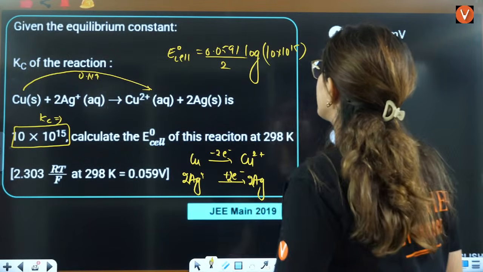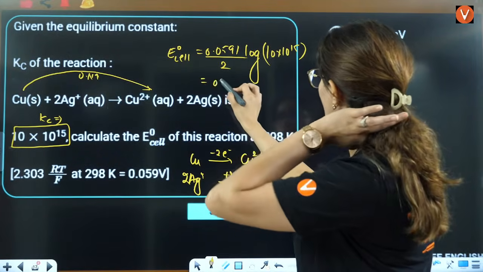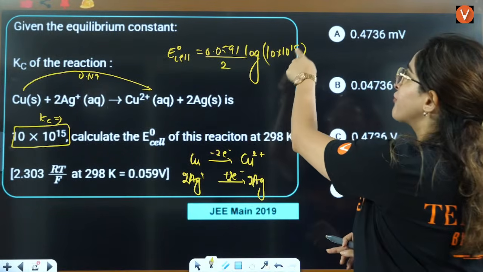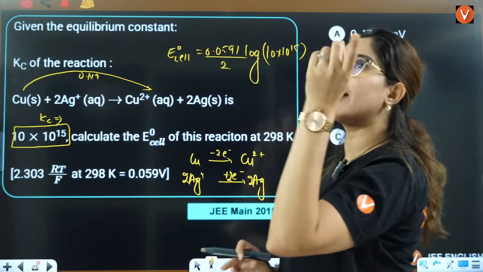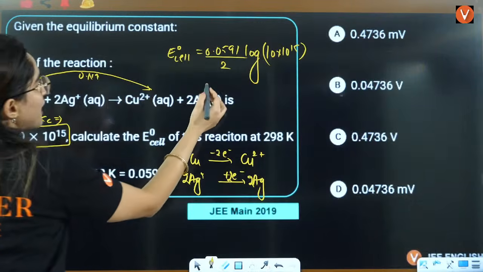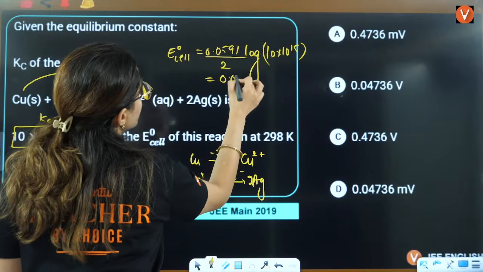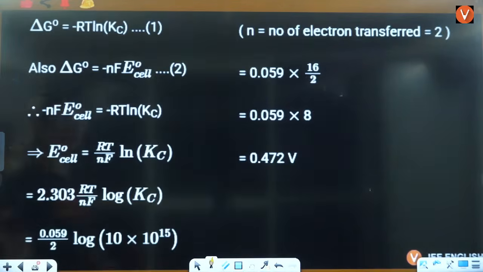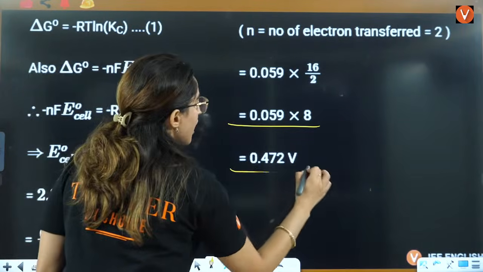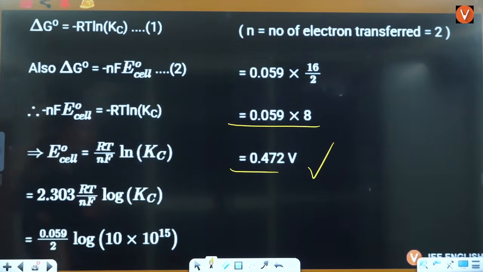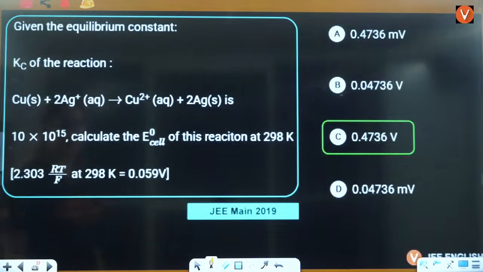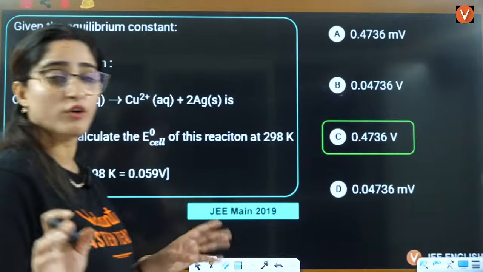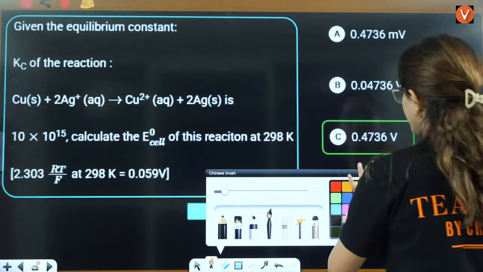You will just solve it, that will be 0.0591 divided by 2 times log of 10 to the power 15, that is 15, so it will be 0.0591 multiplied by 15 divided by 2. That is going to be the correct answer. So you should be good in calculation. You should know the properties of log, which will be useful in physical chemistry for you, right?